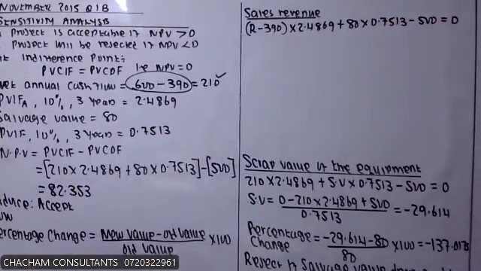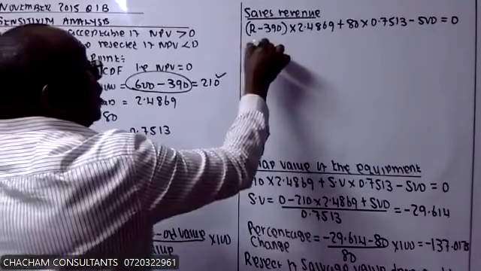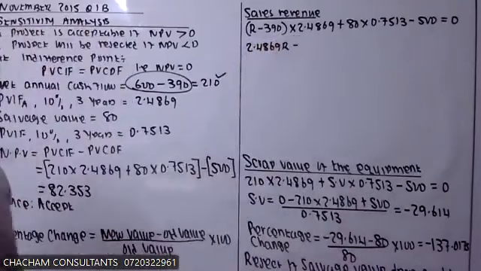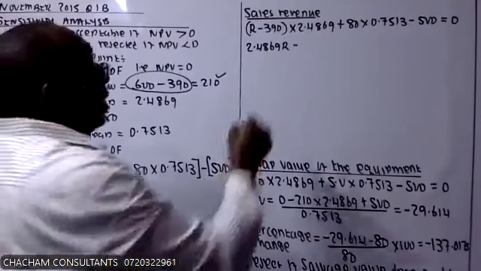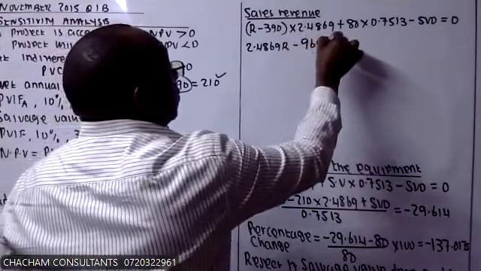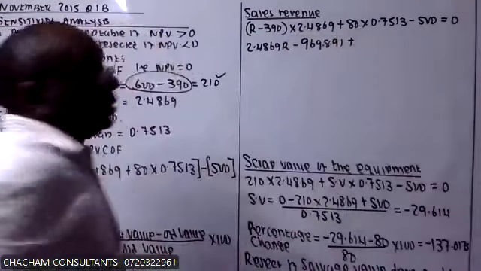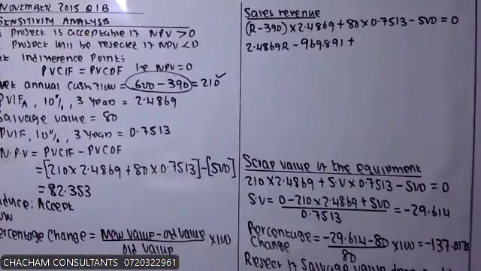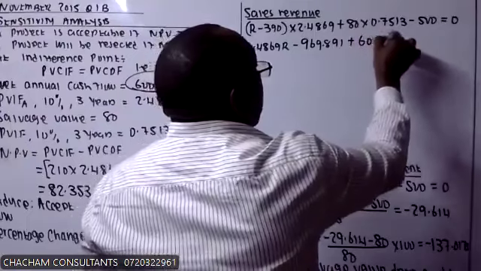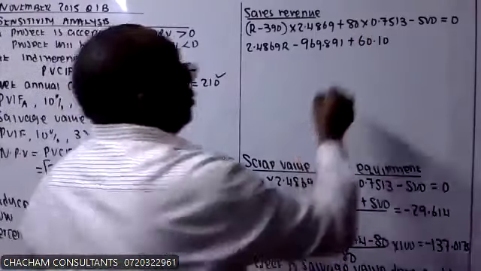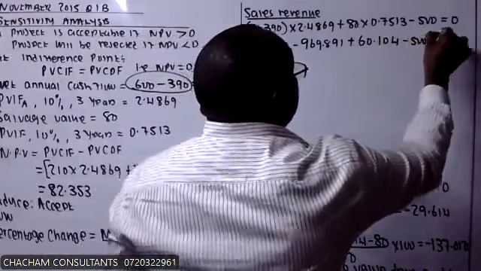So if we get a 0, sasa this will be 2.4869 R minus 390 times 2.4869, 969.891, plus 80 times 0.7513, 60.104, minus 500 is 0.